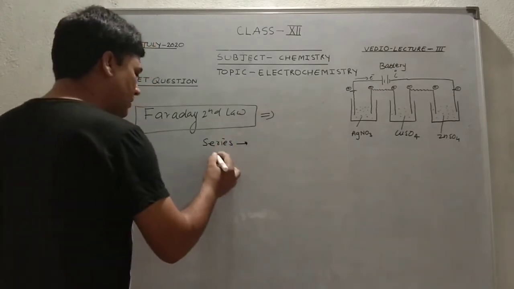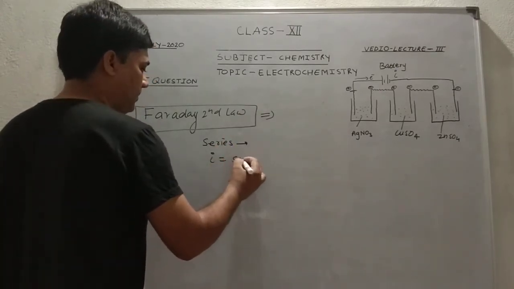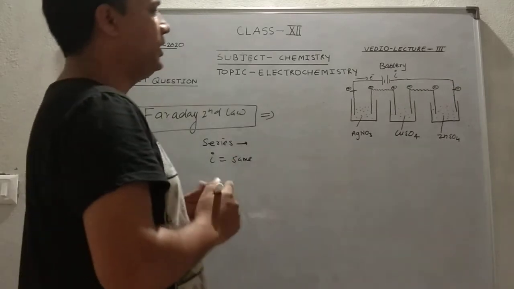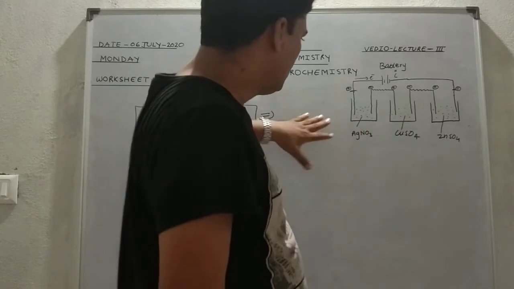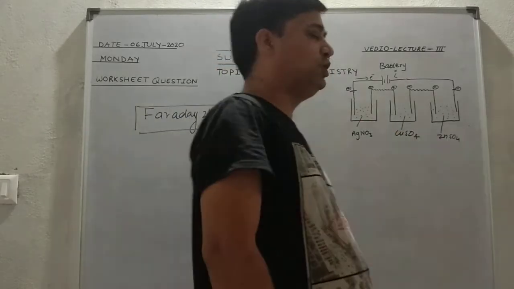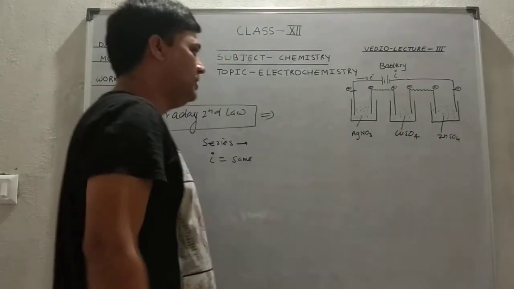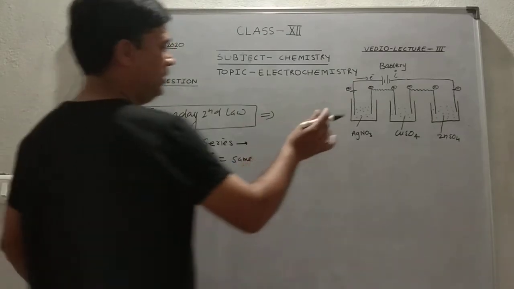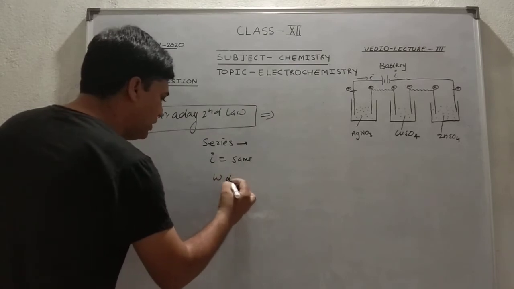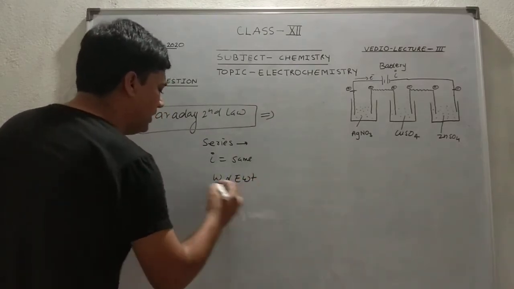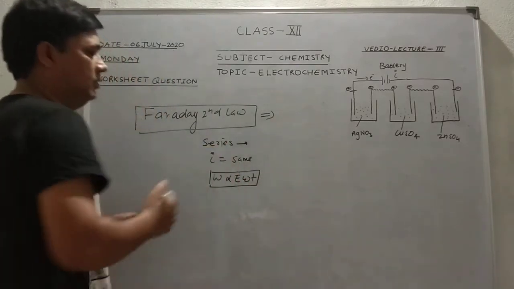So in series, current will be the same. We can define: when the same quantity of current passes through different electrolytic solutions connected in series, then the amount of substance deposited on the electrode, that is W, is directly proportional to the equivalent weight of the substance.